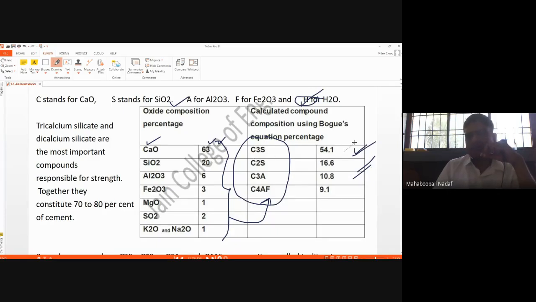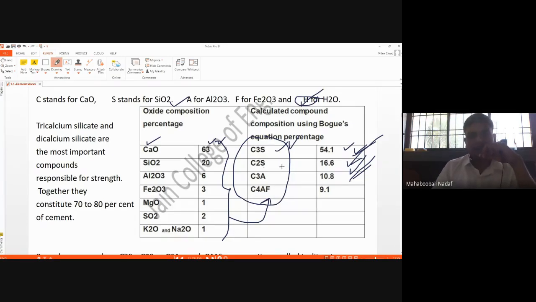C3S 54.1, C2S 16%, C3A 10%. With this initial raw material composition, you will get cement of this composition, where the highest content is C3S, tricalcium silicate. Next, C2S, dicalcium silicate.